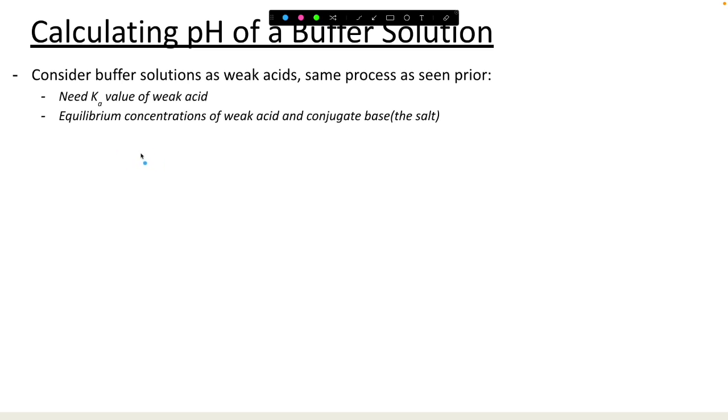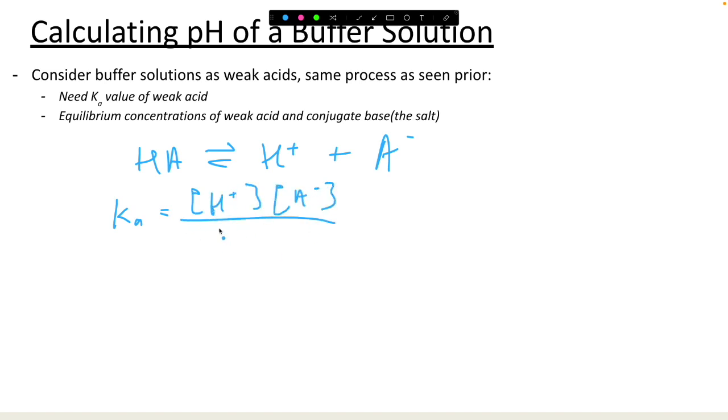Our Ka values are an equilibrium constant. So if we have a weak acid, we have an equilibrium between the acid and its conjugate base. If we were to write an equilibrium expression for this, we need to have the products' concentration over the reactants' concentration.